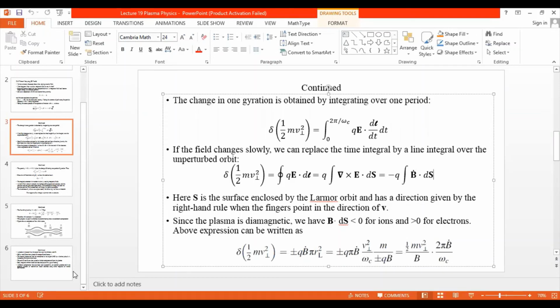So if B dot dS is less than 0, it will be for ions, and if B dot dS is greater than 0, we will be considering electrons.